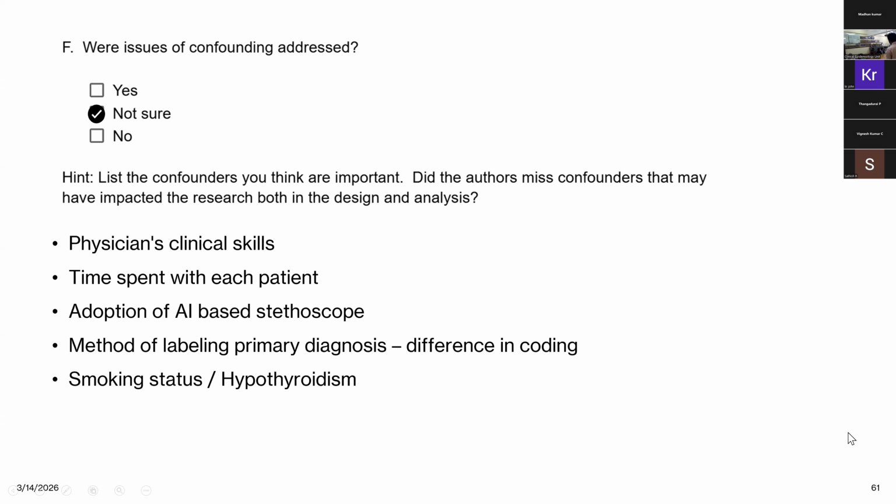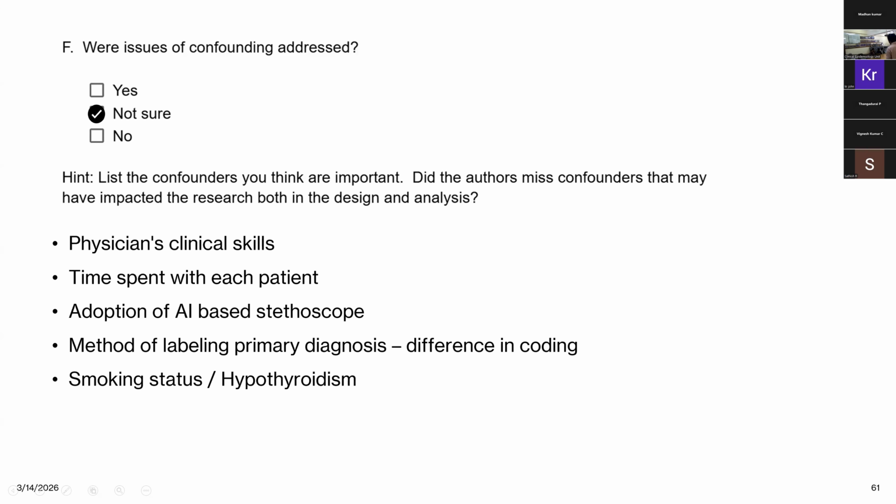And the fourth thing was the gold standard that they had used for the diagnosis of heart failure was an ICD or a SNOMED labeling of the diagnosis of heart failure in the EHR workflow algorithm. So I might have one different term as to how I label a patient with heart failure. Each one of us might have different terms. I might call it acute decompensated heart failure. Someone else might call it congestive heart failure.